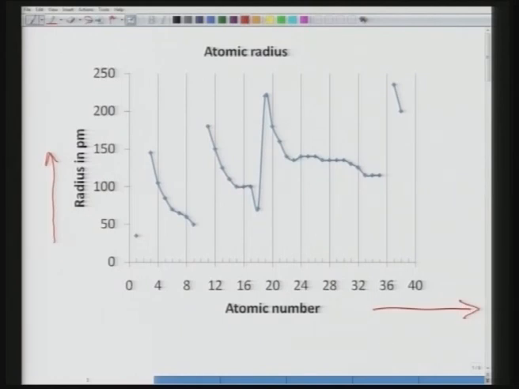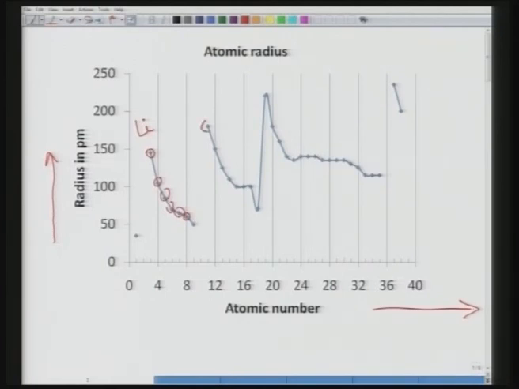This graph has been created in Excel, very simple, and vertical grid lines are added so that you can see it. Now see what happens. The atomic radius keeps decreasing. This is Z equal to 3, lithium, and then it decreases: Z equal to 4, 5, 6 and so on, this is 8.